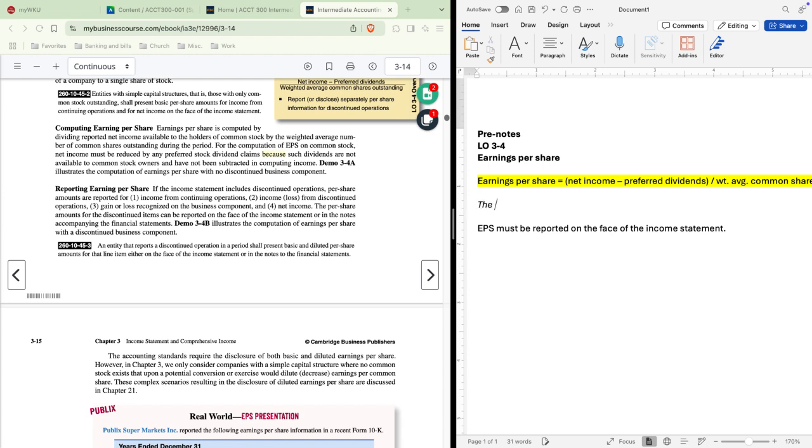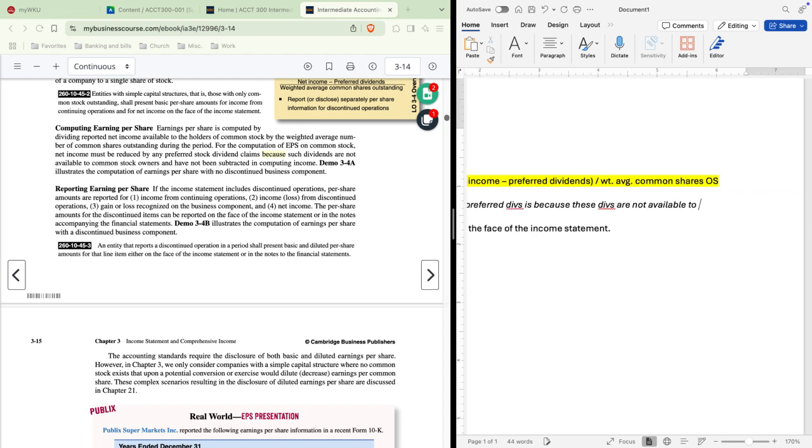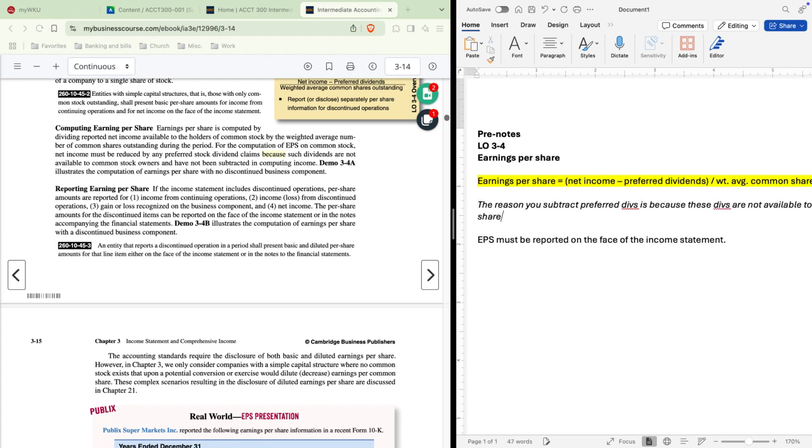So the reason you subtract preferred dividends is because these dividends are not available to common shareholders.